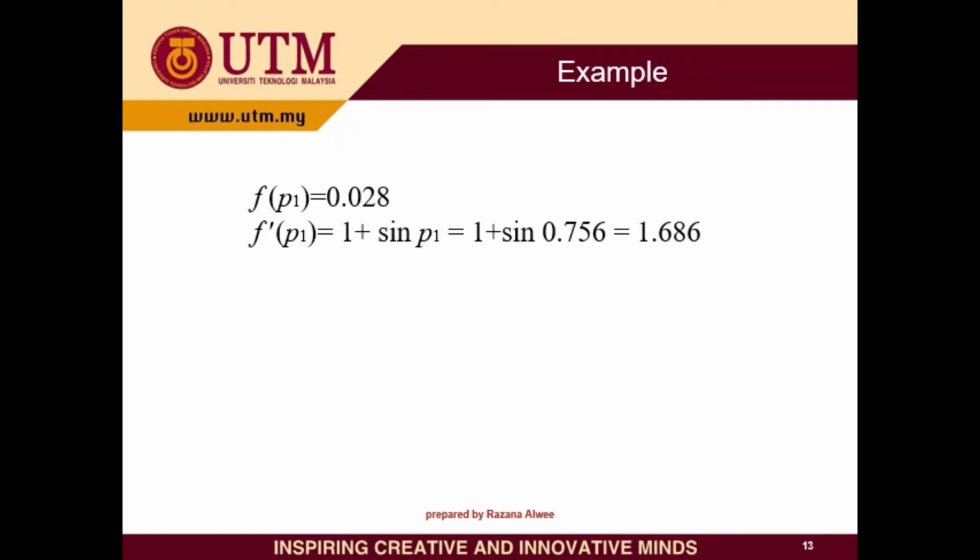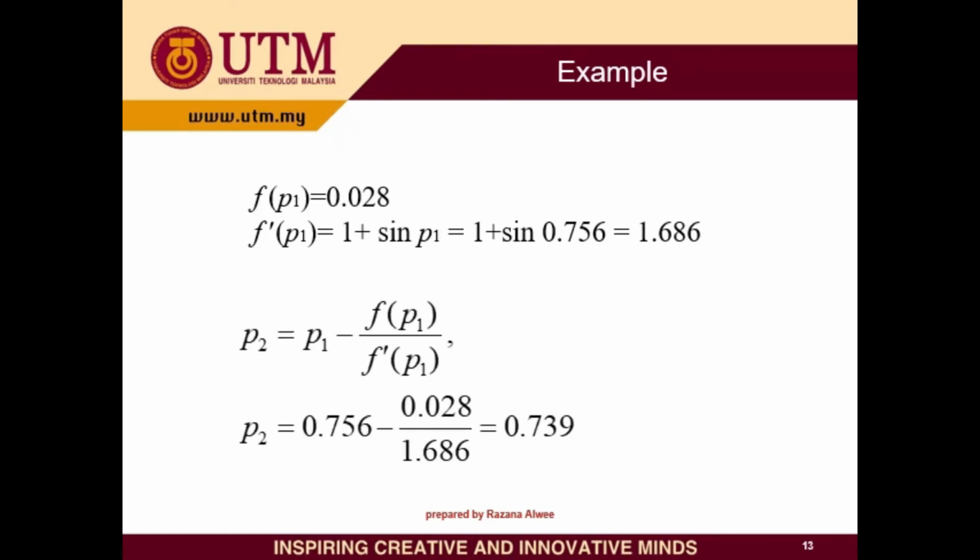Next iteration, we calculate our f(p1) and f prime(p1), so we get the answer 0.028 for f(p1), and f prime is 1.686. We got our p1 already, just insert the value of those three and you will get your p2, which is 0.739.